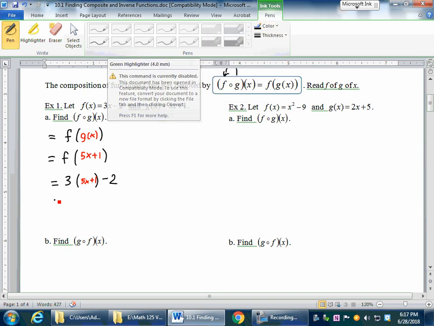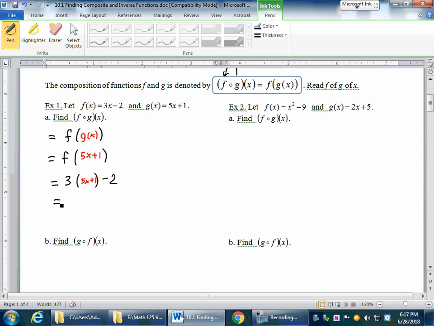After substituting it, all we have to do is simplify. Distributing 3 will be 15x plus 3 minus 2. So my final answer will be 15x plus 1. This will be the final answer. So strictly follow these steps, okay? That will help you to be clear on how to write this composition function.